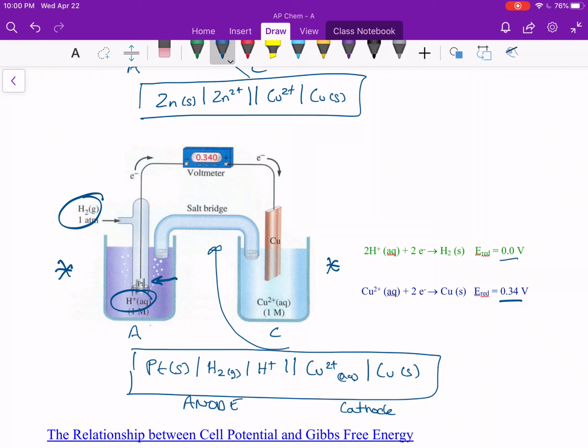If we want, we could actually put in concentrations here. So we could have 1.0 molar of this, and let's say we change that to 0.25 molar.